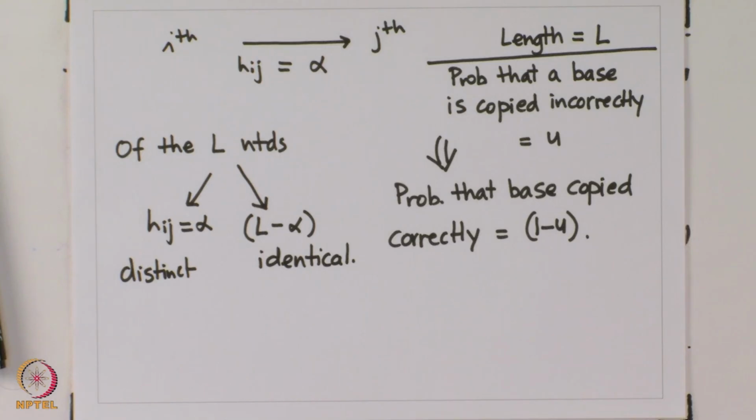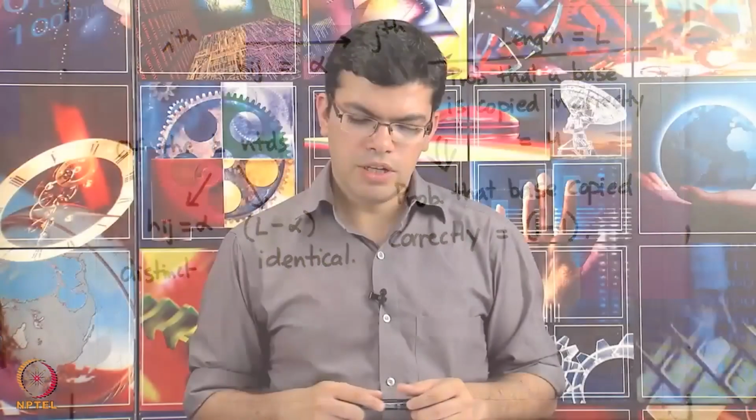We do not know which are the bases which are the same and which are the exact alpha positions where the two sequences are dissimilar, but we do know their numbers.